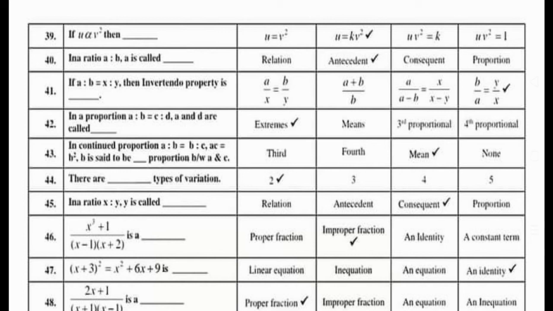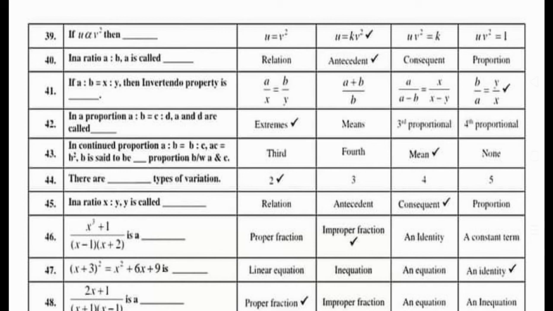In a proportion a:b is equal to c:d, a and d are called extremes. In continued proportion a:b is equal to b:c, ac is equal to b square. b is said to be the mean proportion between a and c.